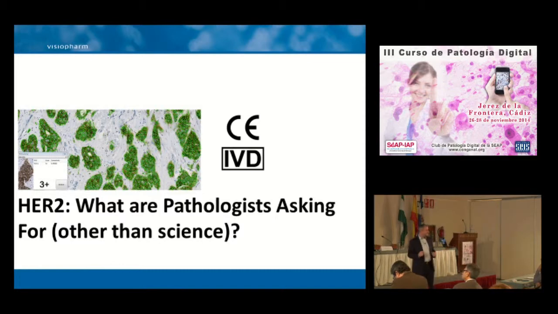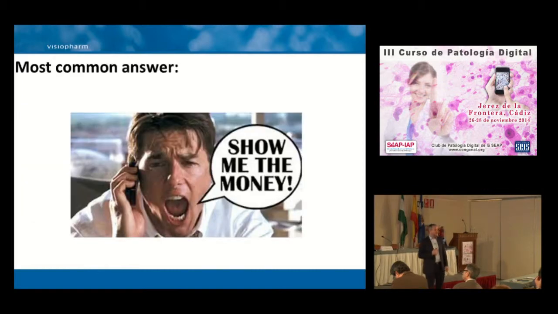So when I've presented this to pathologists all over the world, what are they really asking for? Other than science, of course, because science and validation is extremely important to pathologists, it's very important to oncologists. But what else are they asking for? And generally, there is one common answer. Show me the money. What can we do? Pathology labs are under tremendous pressure.